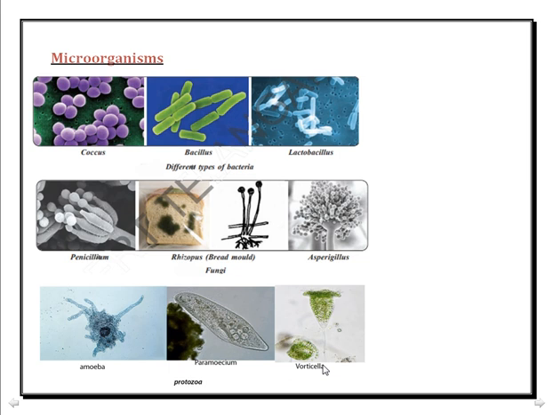After 3-4 days, take 1 or 2 drops of hay decoction on a slide and observe it under the microscope. Draw rough sketches in your notebook of what you have observed. Compare your pictures.